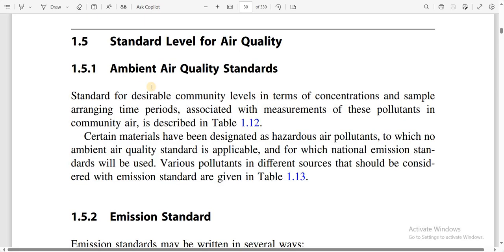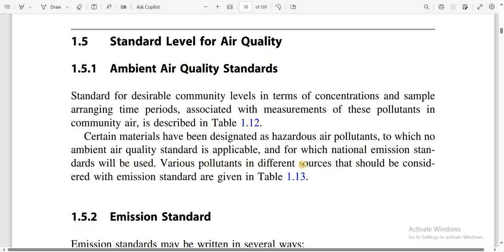Standards for desirable community levels, in terms of concentration and sampling time periods associated with measurement of these pollutants in community air, are described in table 1.2, and certain materials have been designated as hazardous air pollutants to which no ambient air quality standard is applicable, and for which national emission standards will be used.